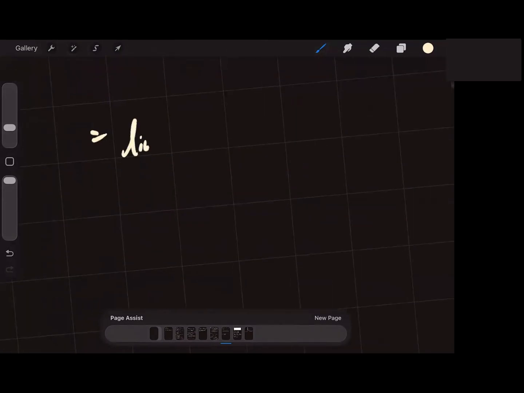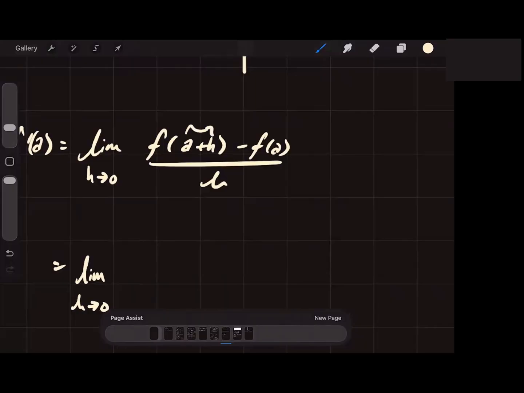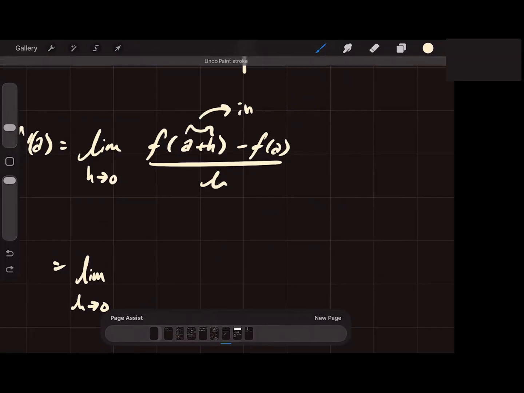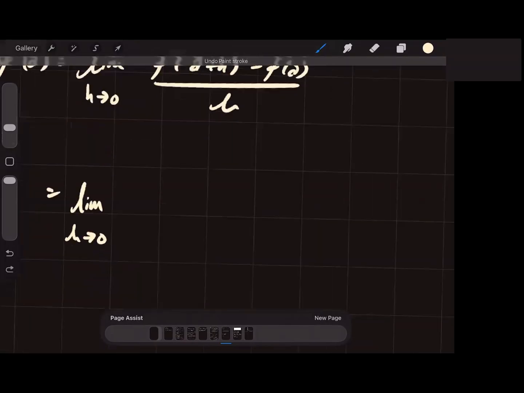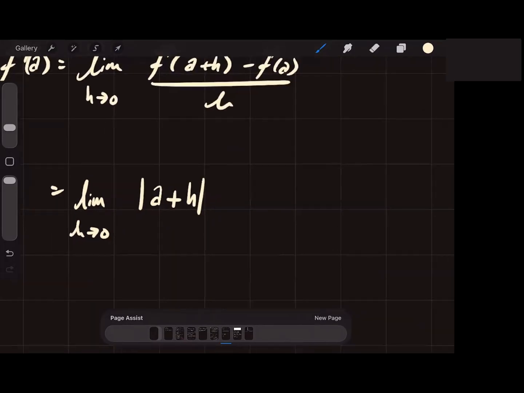So the limit as h approaches 0 of f of a plus h. What you're doing is you plug this into f of x. Alternatively, every time you see x, replace it with a plus h. So that's going to give you the absolute value of a plus h, minus the absolute value of a, all over h.